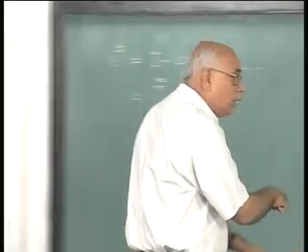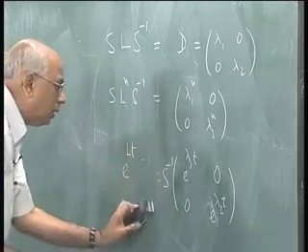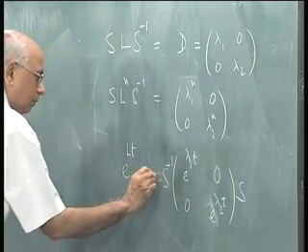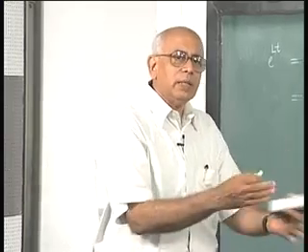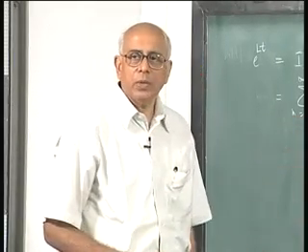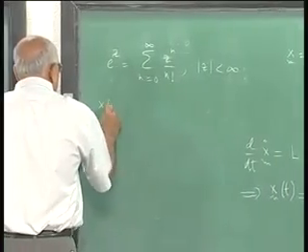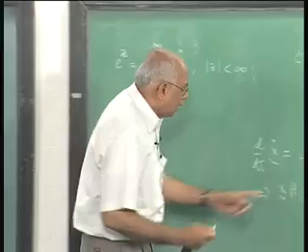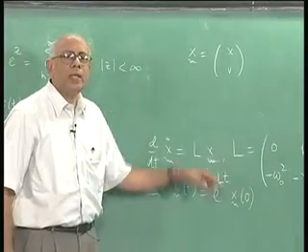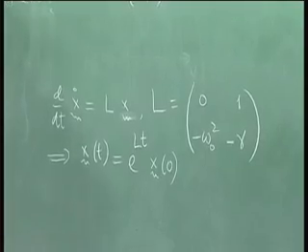And then to find e to the LT itself, all you have to do is to undo this. So I put S inverse on this side and get rid of that, and I put an S on this side and get rid of that. And what is the final outcome? It says e to the power LT acting on x of 0 does not do anything very much. It says that both x of t and v of t are just linear combinations of e to the lambda 1 t and e to the lambda 2 t, some suitable linear combinations.